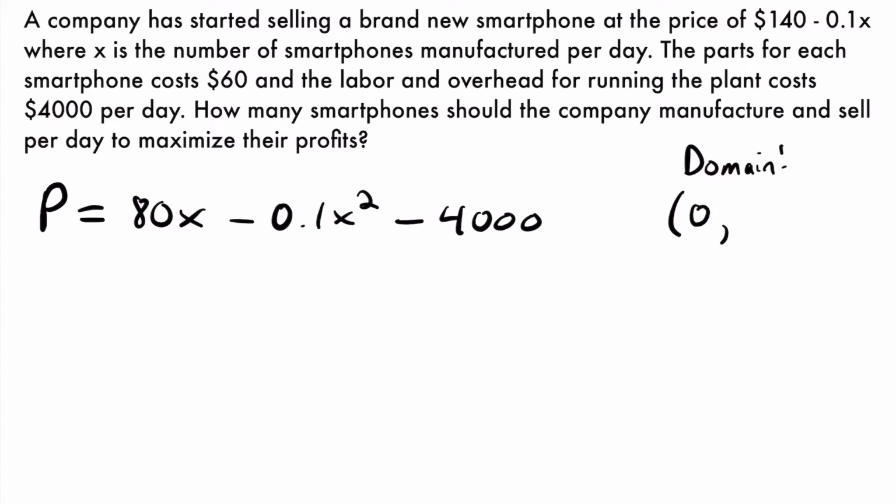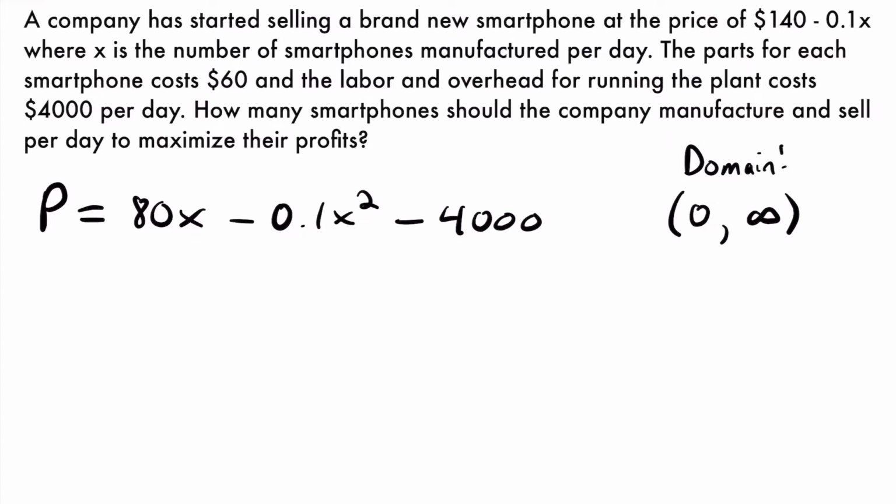So while it only makes sense to make a certain amount to be profitable, the company does have the possibility to make as many smartphones as they like, and so the upper bound would be infinity. There's really no limit to how many smartphones they could make, at least from the information that we were given in this problem. And so essentially what we learn here from this domain is that the only values of x that make sense for this scenario, or the number of smartphones the company should make and sell per day, would be any positive number of smartphones.